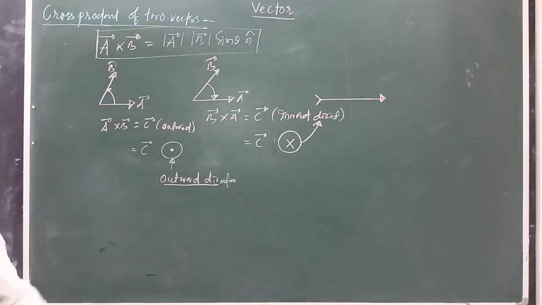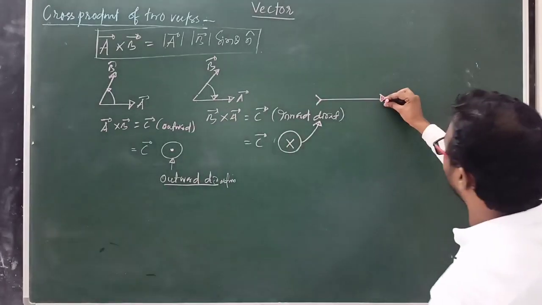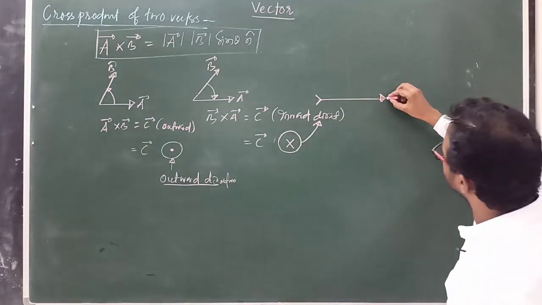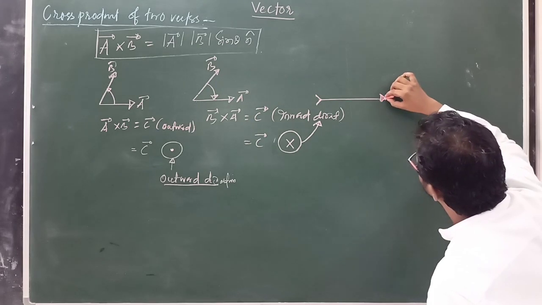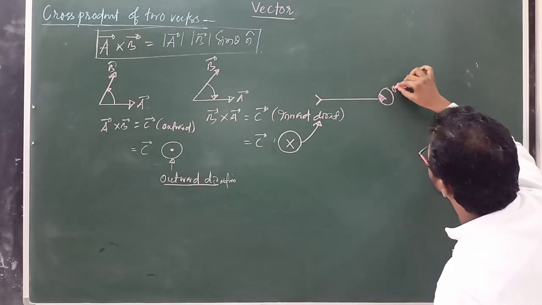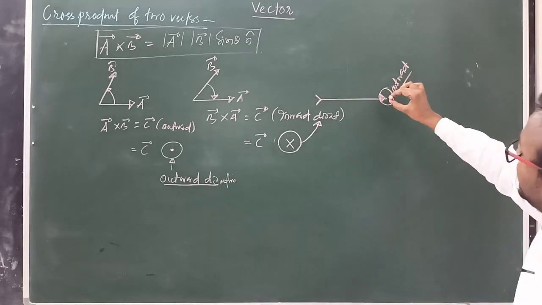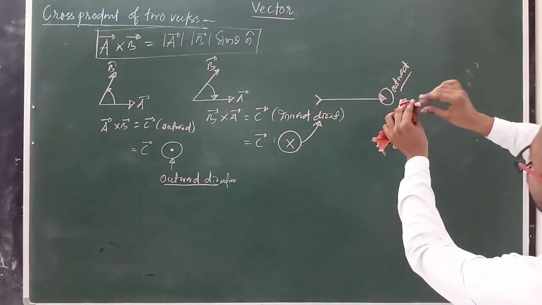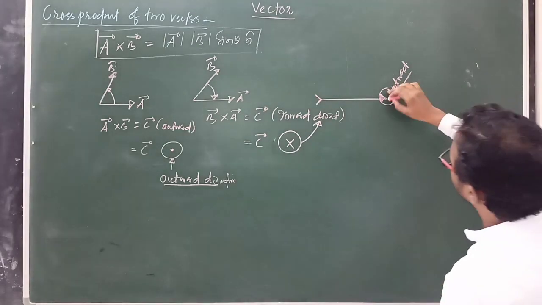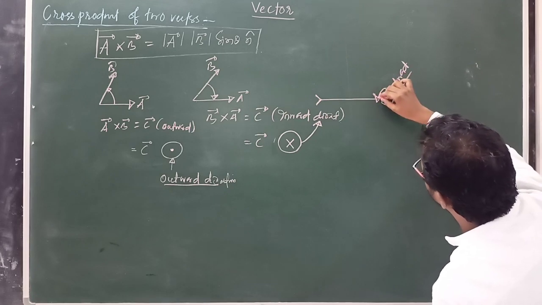Clear? So you have to remember this concept here. This arrowhead which is moving outward direction means you will just see its point, so it indicates here a point and one circle.